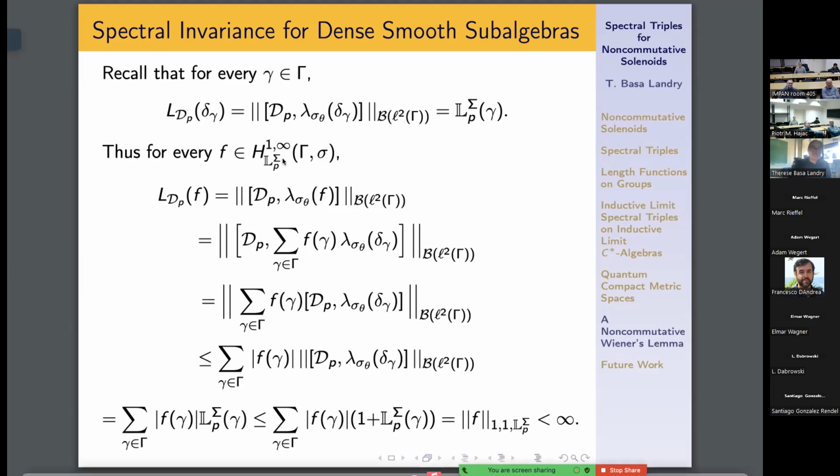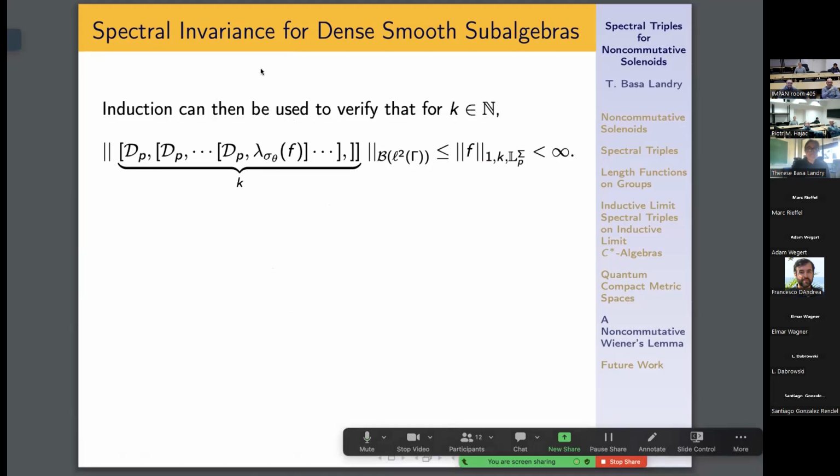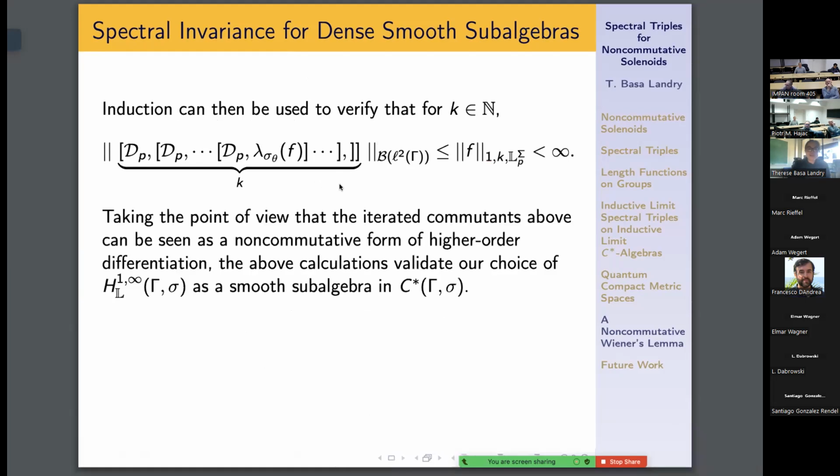And because these functions are in this space, that's going to be finite. And you can verify by induction that when you iterate the commutators, these continue to be bounded. Seeing this as a kind of non-commutative form of higher order differentiation, this is further validation of our choice of this dense star subalgebra as a smooth subalgebra in the twisted group C-star algebra.